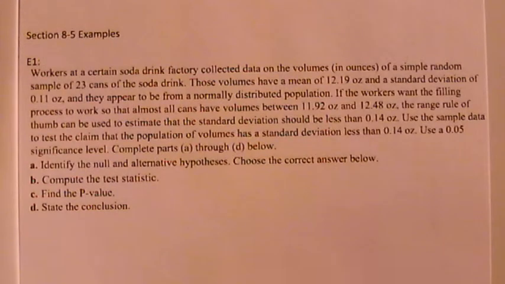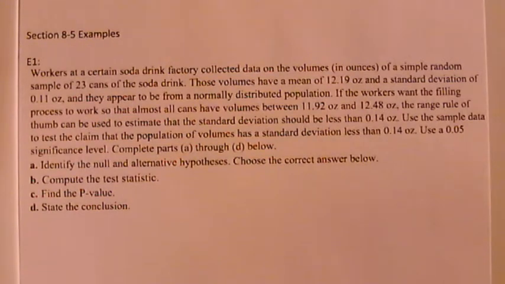Okay. So this first example is this. Workers at a certain soft drink factory collected data on the volumes in ounces of a simple random sample of 23 cans of the soft drink. Those volumes have a mean of 12.19 ounces and a standard deviation of 0.11 ounces, and they appear to be from a normally distributed population.